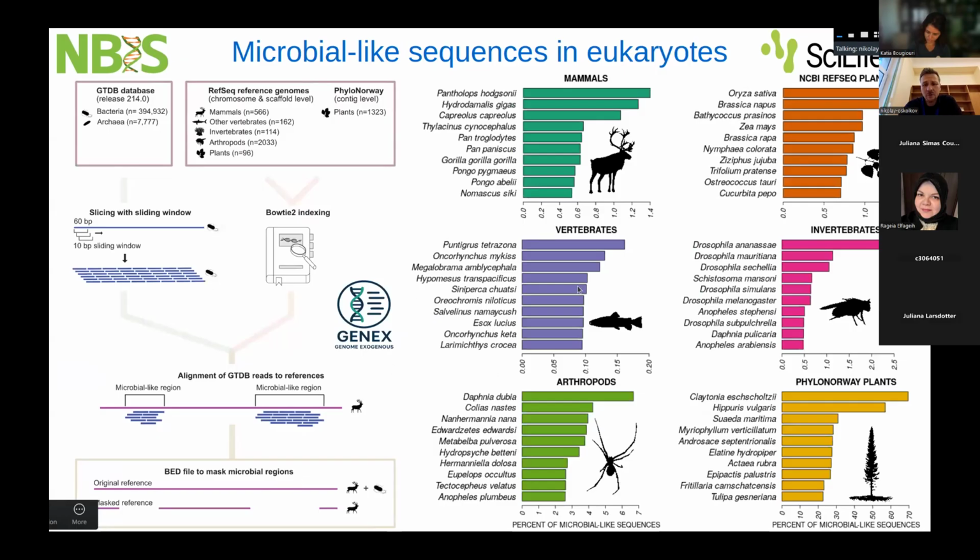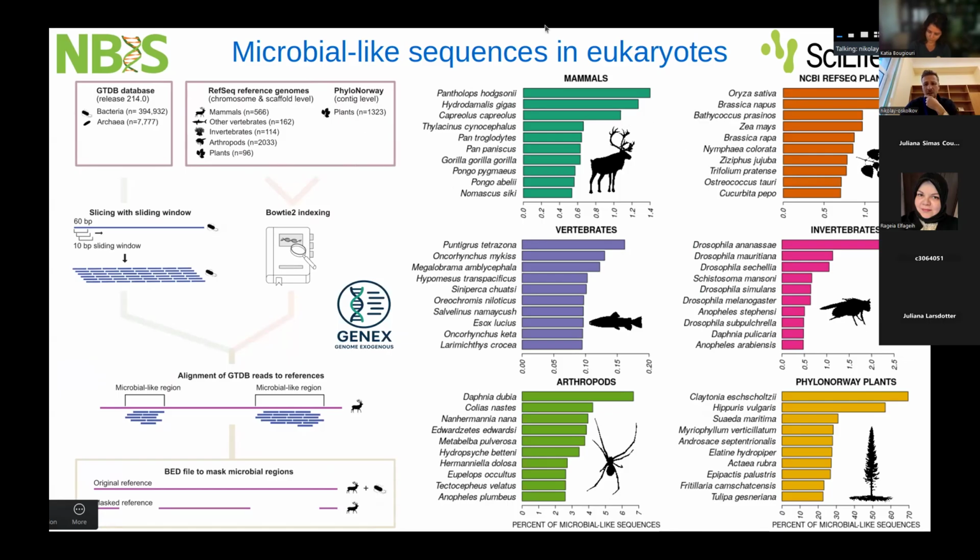So we processed something like 4,000 NCBI RefSeq references. So maybe your reference genome of your favorite organism was already screened in our paper. We provide these coordinates for around 4,000 references.